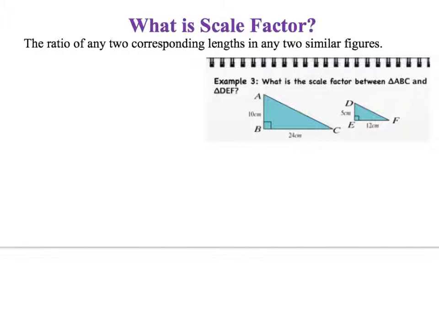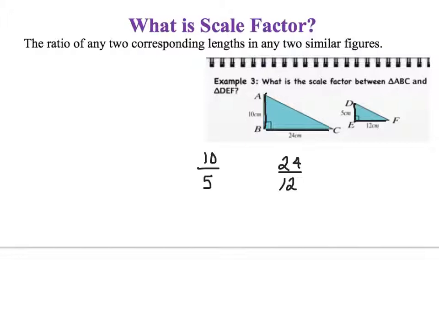I'm going to go ahead and write my ratio of my corresponding lengths. So I see that 10 on AB corresponds and matches the 5 on DE. We also have 24 corresponds to 12.